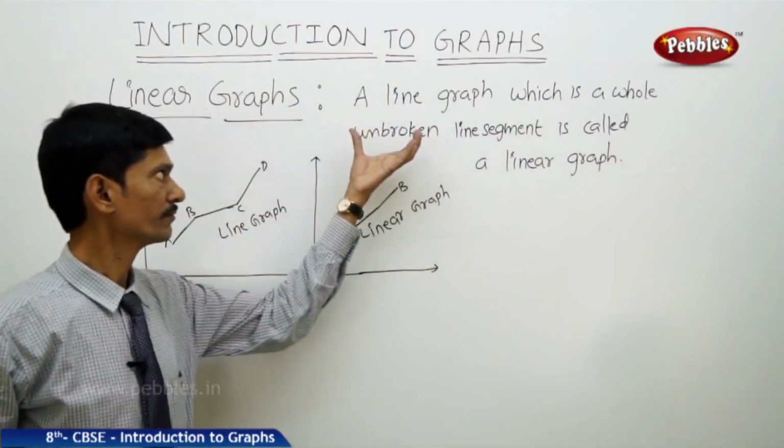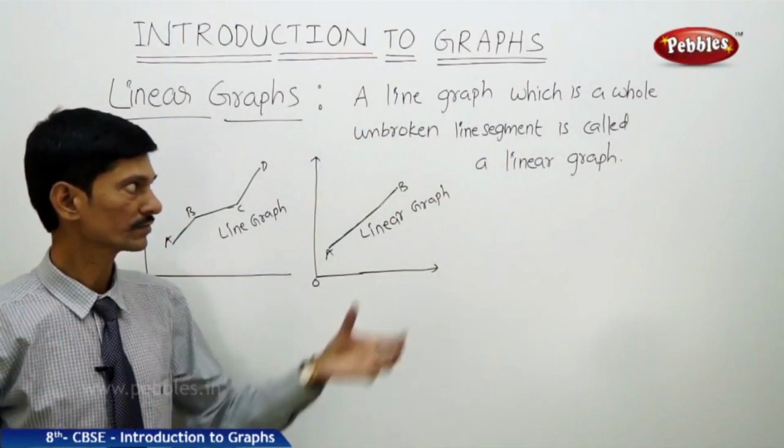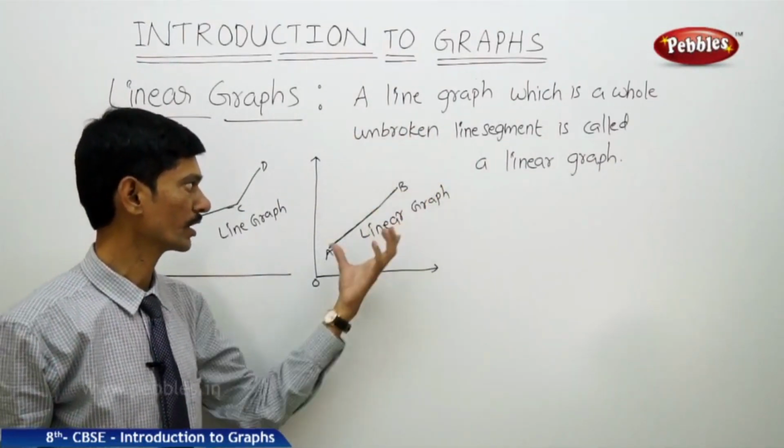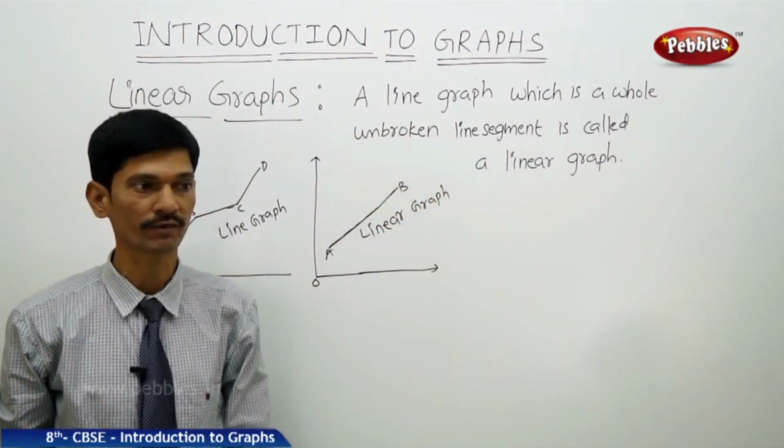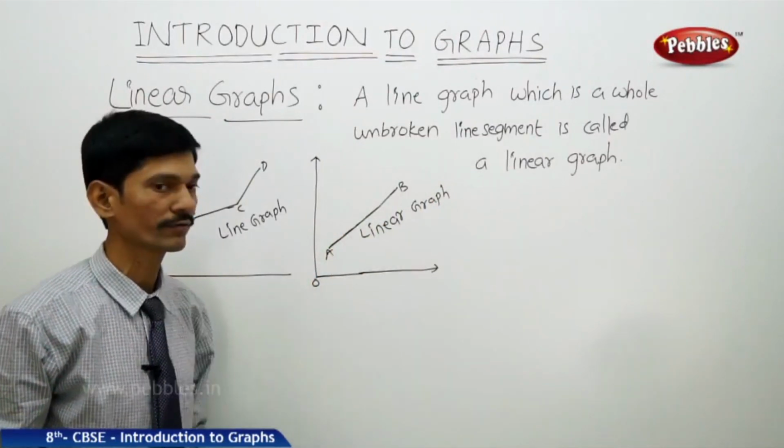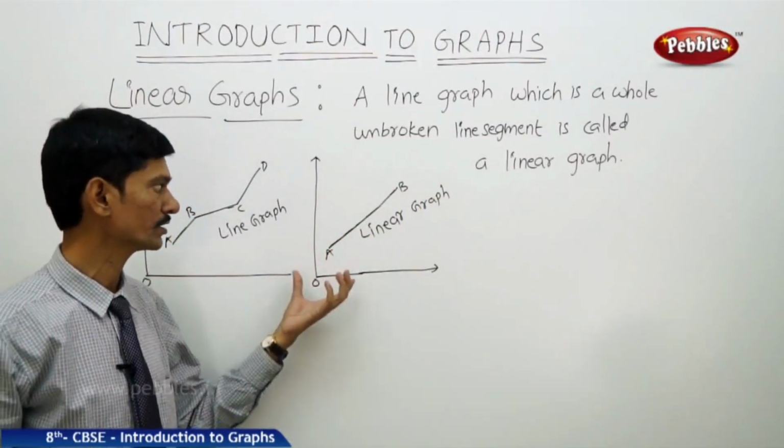So linear graph is also a line graph which is a whole and unbroken line segment. So to draw the linear graph, we need to locate some points in a plane.